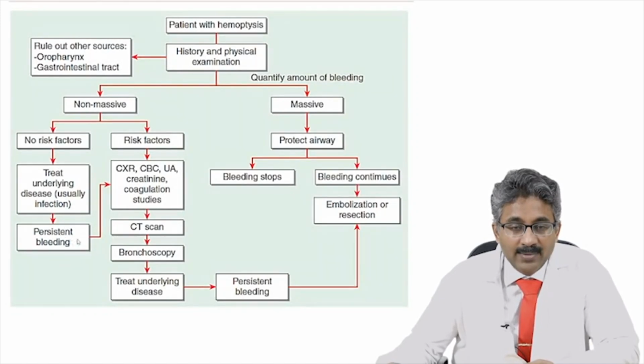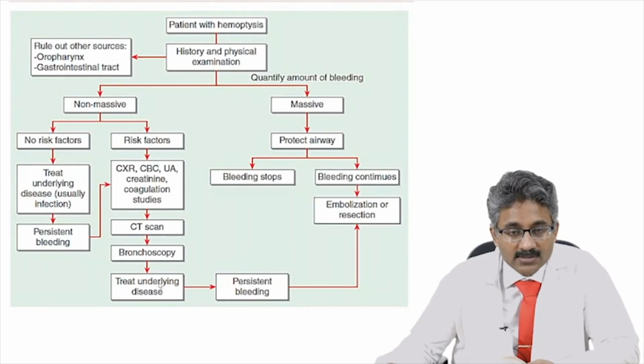If there is still persistent bleeding, then go to the workup. If a risk factor is there, age more than 40 years and smoker with hemoptysis, then do chest x-ray, urine analysis, to rule out Goodpasture syndrome where there may be hematuria, creatinine level and coagulation studies. If nothing yields, go ahead with CT scan and bronchoscopy, then treat the underlying cause. If bleeding still persists, go with embolization or resection.